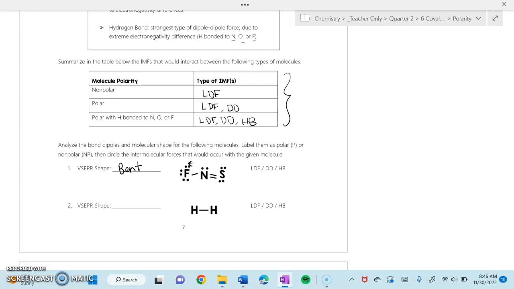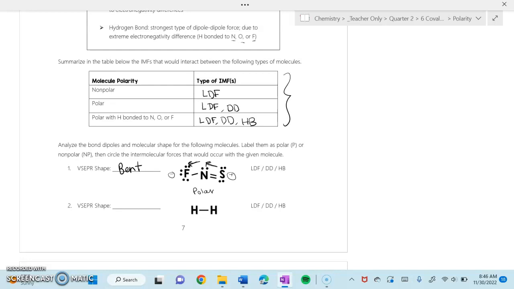That will point to fluorine as the more electronegative. And then sulfur and nitrogen. Nitrogen is more electronegative. So it looks like we're pulling to the left overall. So this would be polar with a separation of charge, negative over here, positive over here. Remember to think about where those arrows are taking the electrons to separate them and cause a dipole.